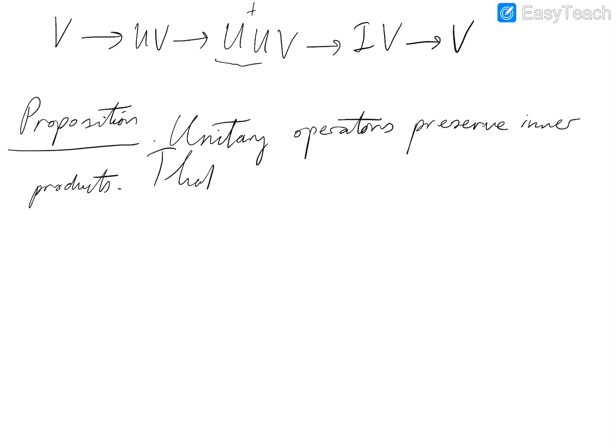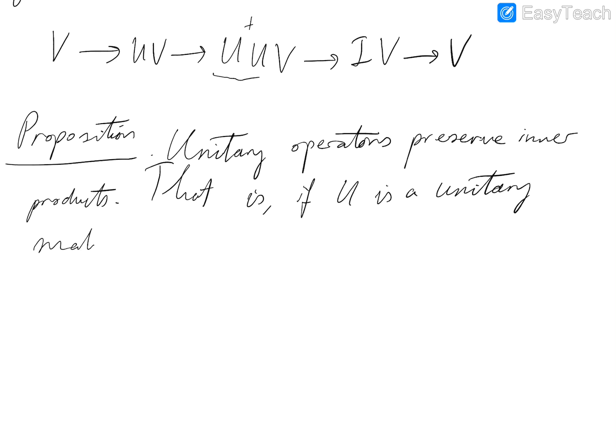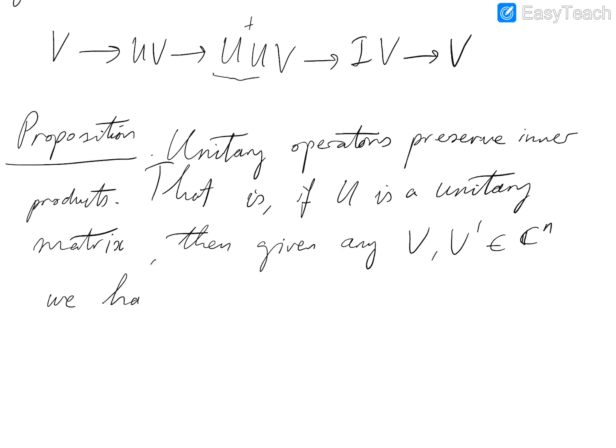That is, if U is a unitary matrix, then given any vectors v and v prime in n-dimensional complex space, we are ensured that the inner product of Uv and Uv prime is simply equal to the inner product of v and v prime. So this is what we mean by the preservation of the inner product.